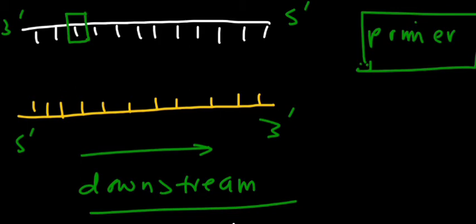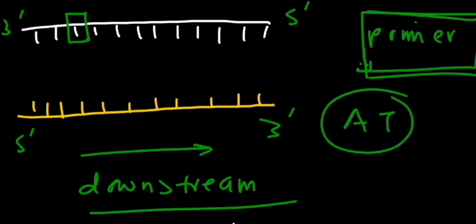Mostly, and I can say always, especially in eukaryotes, the origin of replication is found where there is a high concentration of AT bases. What is the reason behind that?